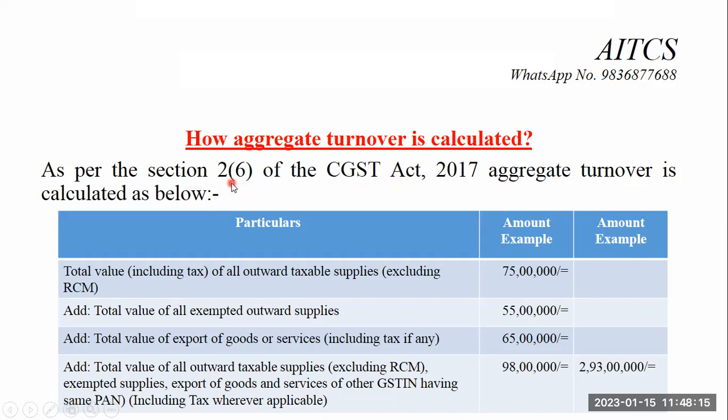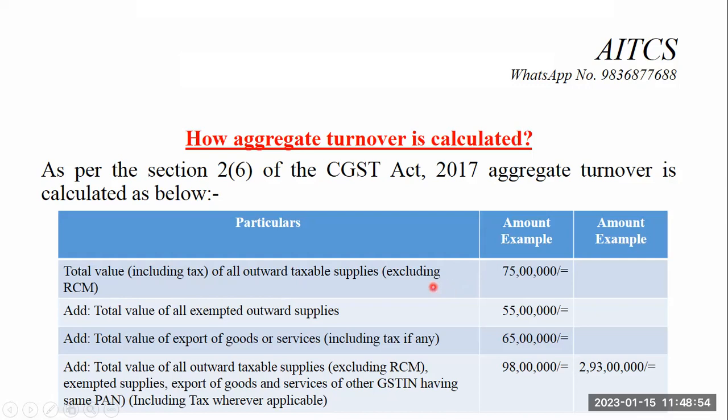As per the definition, the following table has been prepared for simple and better understanding of how aggregate turnover is calculated. So here we can see total value including tax, meaning including CGST, SGST, IGST, cess of all outward taxable supplies. In this case, whatever outward taxable supplies have been made including tax, that should be taken into account.